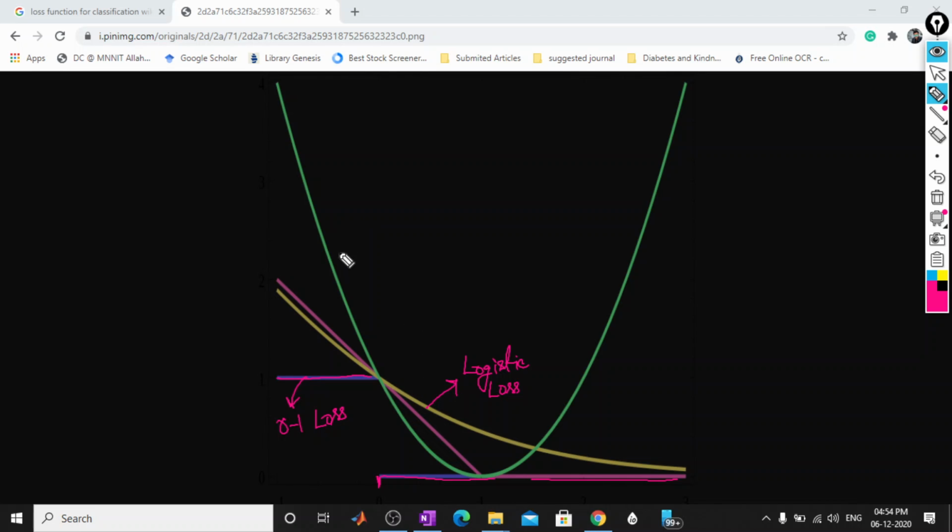This one is called the square loss, which we see in linear regression, and this pink line is called the Hinge loss. We will see in this lecture how the Hinge loss is interpretable in support vector machines.